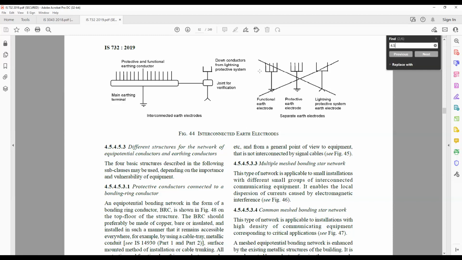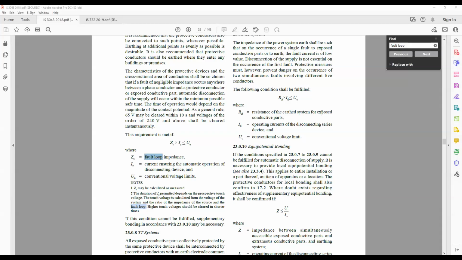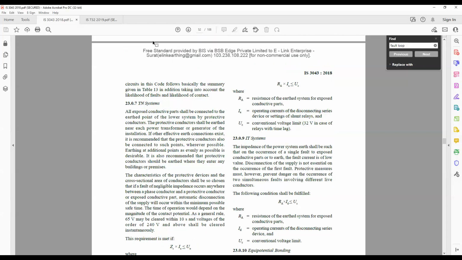Can you go to the IS 3043, figure 14? Do you need multiple earth resistances of earth pits and then connected together to that MET, main earth? One moment, let me answer one by one. See, now it's 30. You go to figure, I think figure 14. A little bit above.